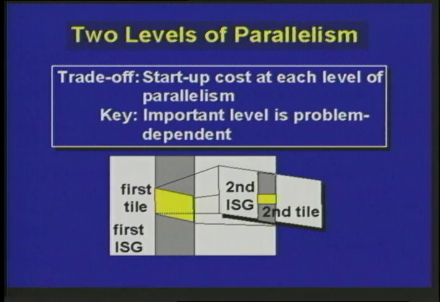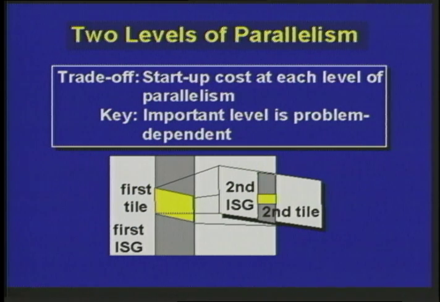Okay. So the interesting thing about tiling for multiple levels is that when you take an iteration space and choose a tile shape and size, that tile becomes the iteration space for the next level that you're tiling. Okay, so there's a lot of control involved, and in fact, a lot of freedom in choosing the tilings for these different levels of parallelism.